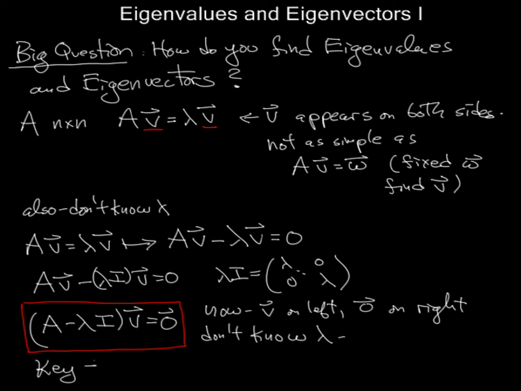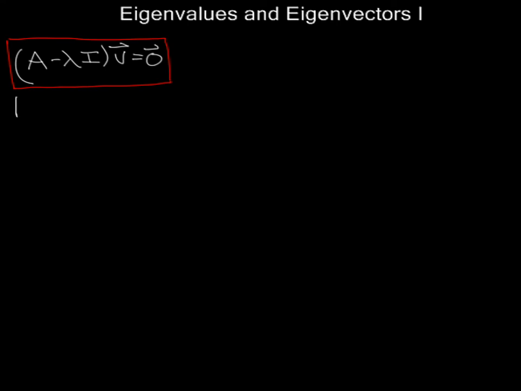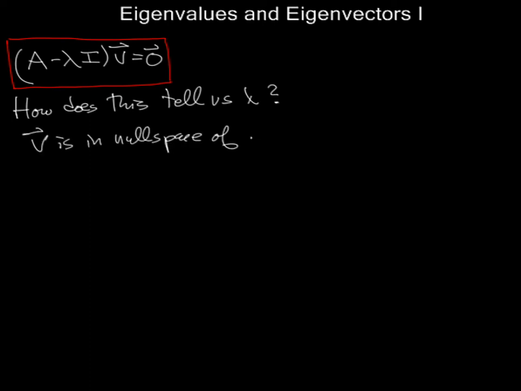But let's address this issue. We don't know lambda, and here's the key. This equation is going to tell us lambda. So how does that work? We're looking at this equation. How does this equation tell you what lambda has to be? Well, the key point is that this equation is saying that v is in the null space of this matrix A minus lambda I. So does this matrix A minus lambda I have a non-trivial null space?